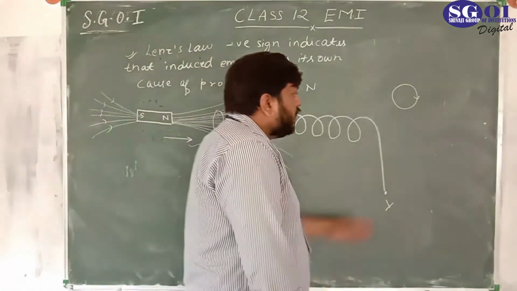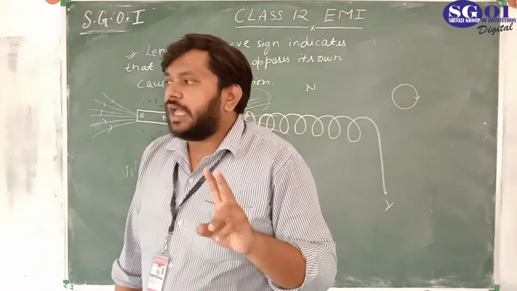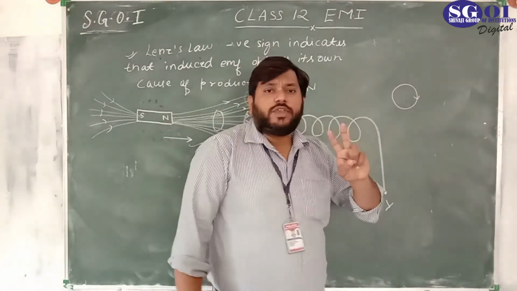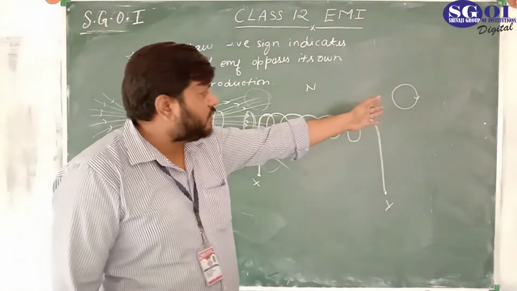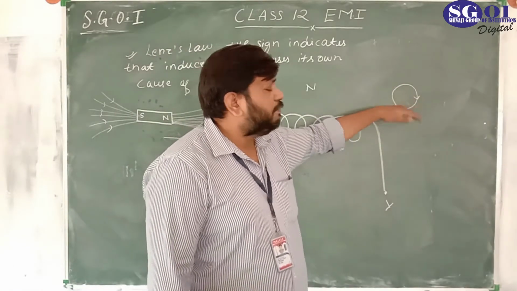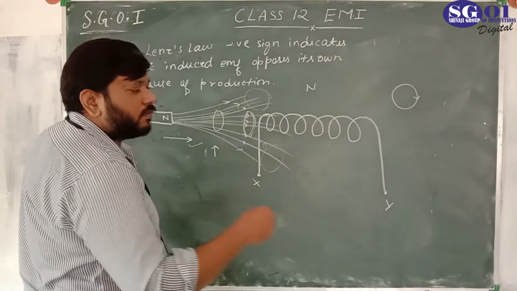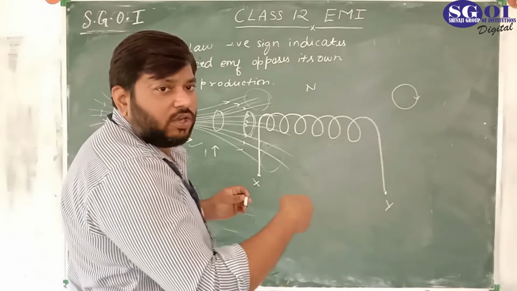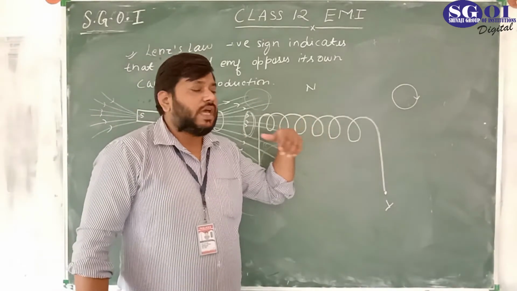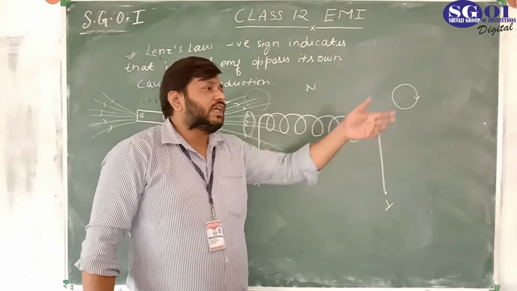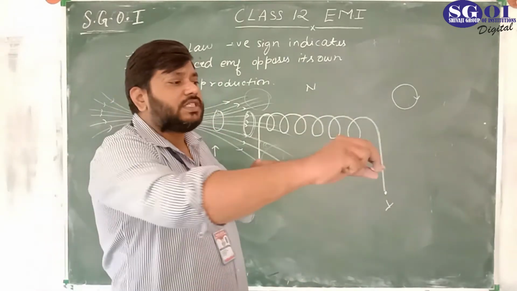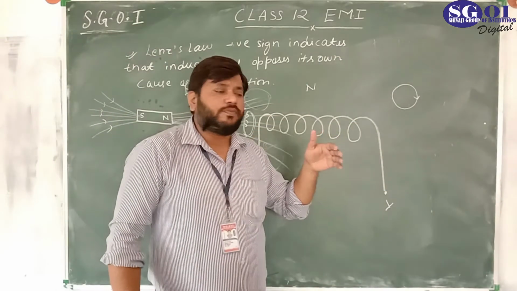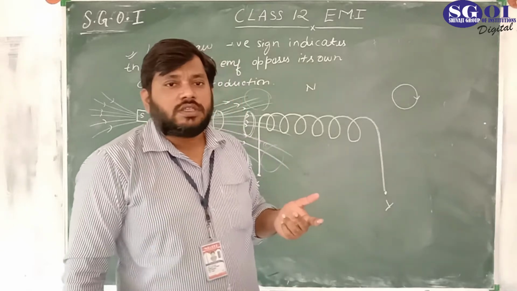So this loop has two faces. I have already told you in the previous video lecture. One face which we are seeing, and the other face is behind this face. If you are seeing from here, the current is flowing clockwise, and another person seeing from the other side sees the current flowing anti-clockwise.